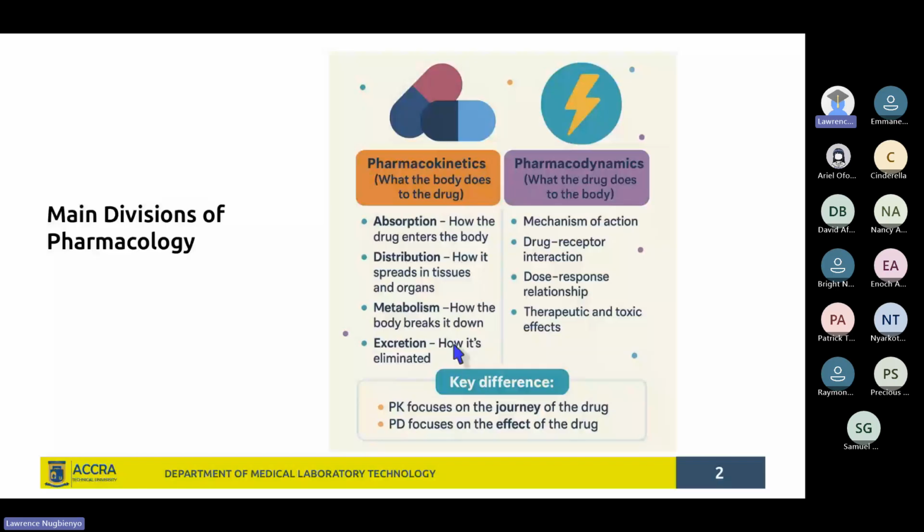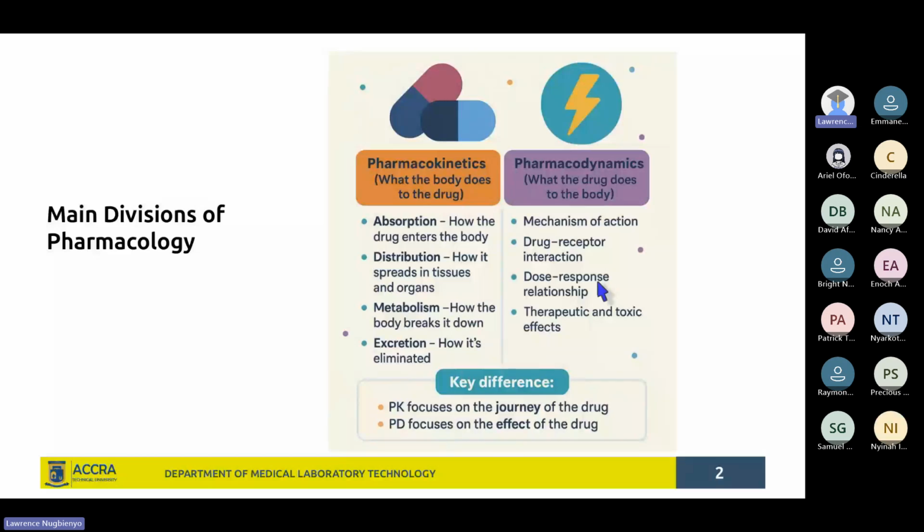We also look at what we refer to as the dose-response relationship. That is how the drug affects the body based on the amount which is taken into the body.